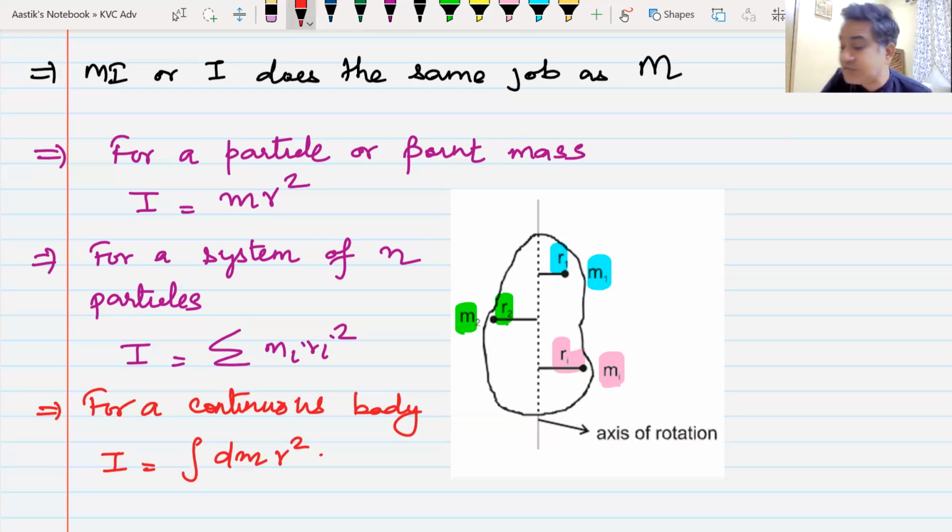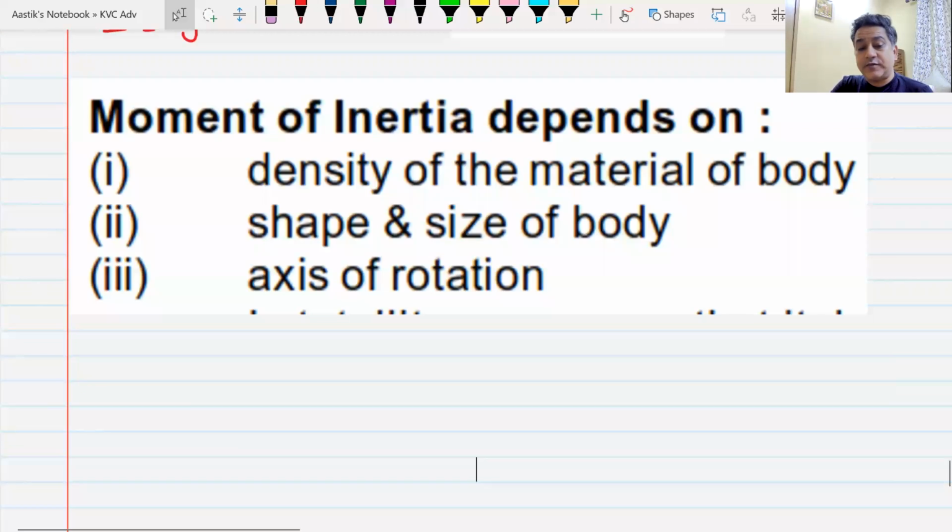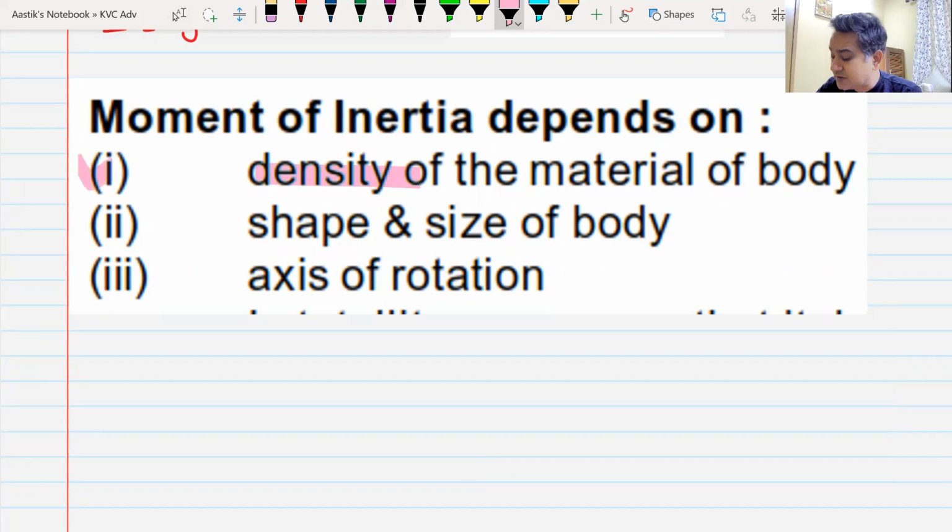Now, on what all factors does the moment of inertia of a body or a system of particles depend? The moment of inertia depends on the density. If the density is different at different points, the moment of inertia will be different. Size and shape: if more mass is near and less mass is away, or if it is irregular in size and shape, the moment of inertia will change. It also depends on the axis of rotation.